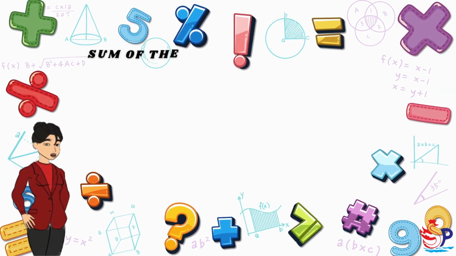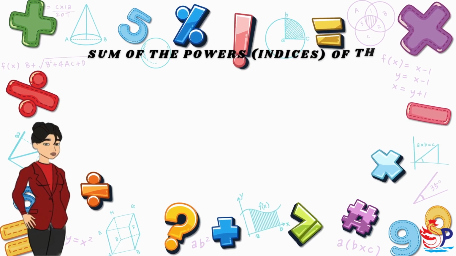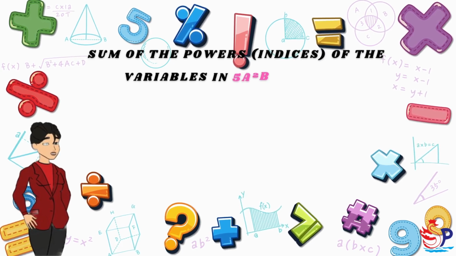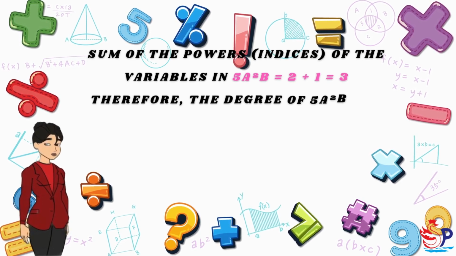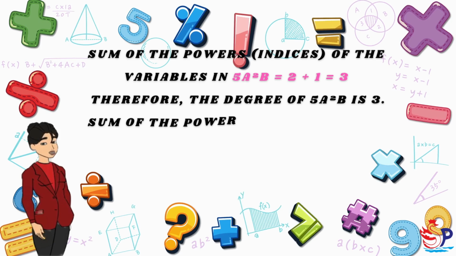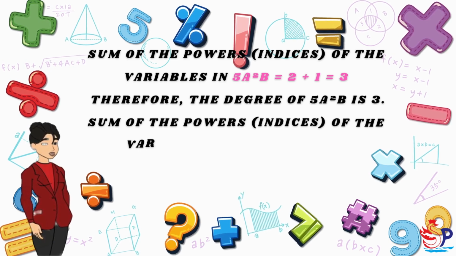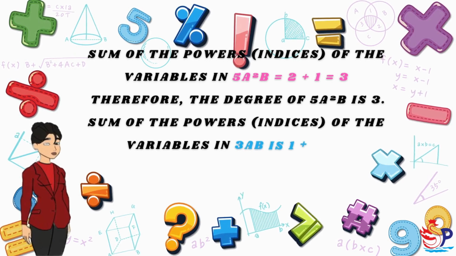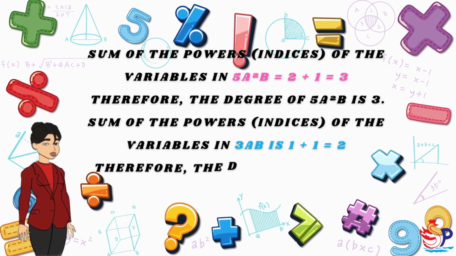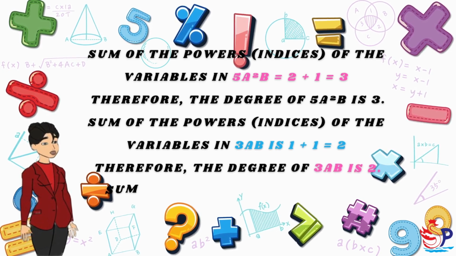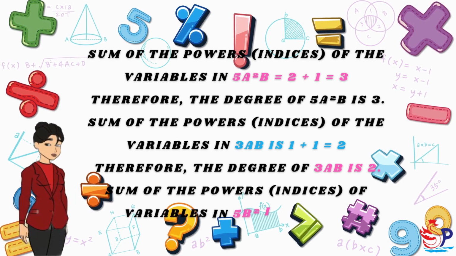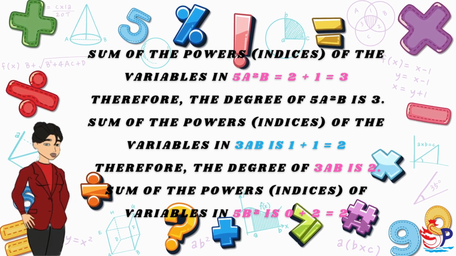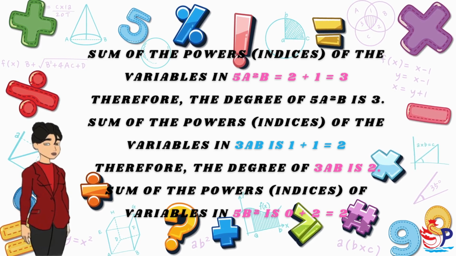Sum of the powers, indices, of the variables in 5 a power 2 b is equal to 2 plus 1 equals 3. Therefore, the degree of 5 a power 2 b is 3. Sum of the powers of the variables in 3ab is 1 plus 1 equals 2. Therefore, the degree of 3ab is 2.